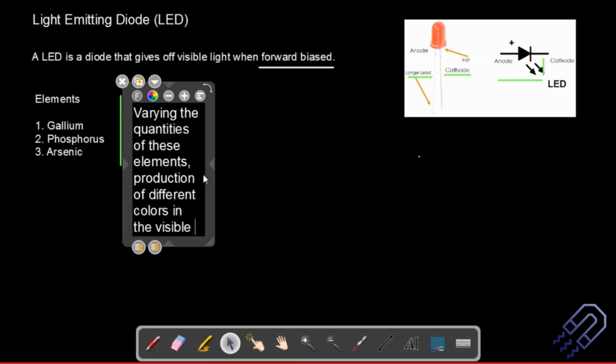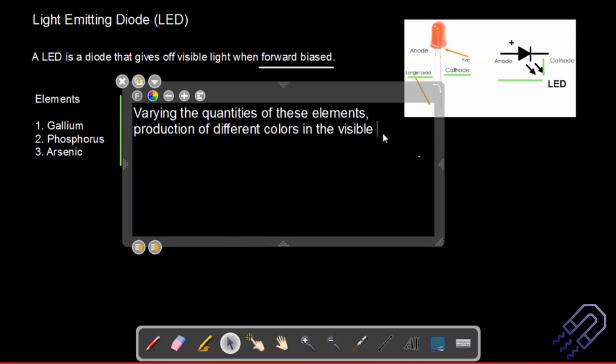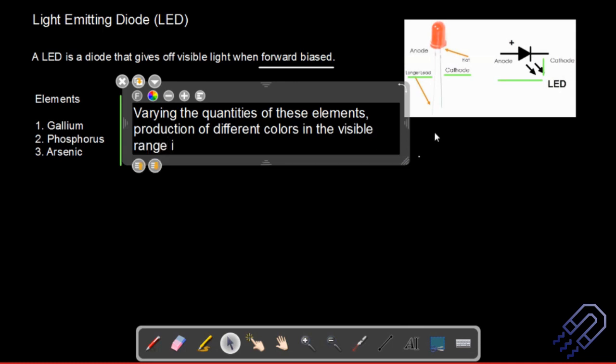And let's extend this visible range. What are these light colors that we already know? One is red, yellow, green. RGB is something which is called the primary colors. And apart from that, orange and blue are also quite popular.